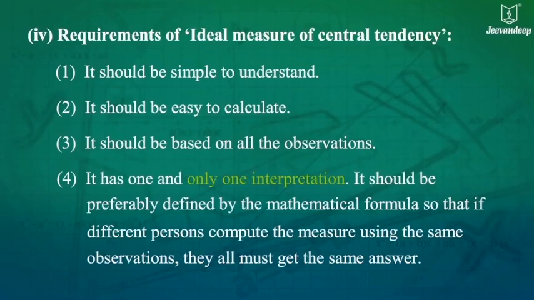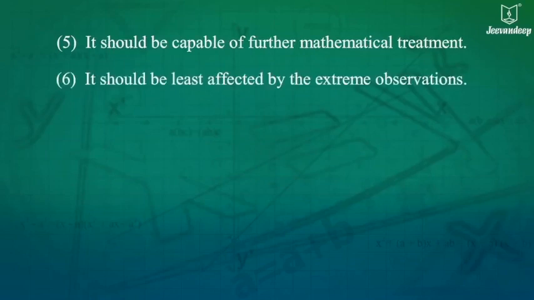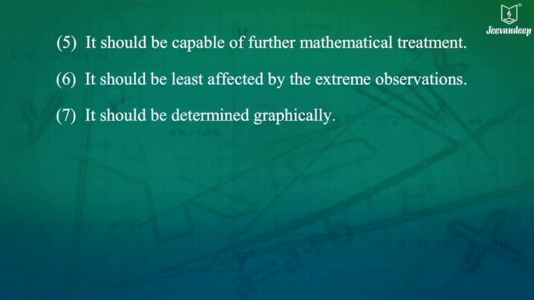It should be preferably defined by a mathematical formula so that if different persons compute the measure using the same observations, they all must get the same answer. It should be capable of further mathematical treatment. It should be least affected by extreme observations. It should be determined graphically.